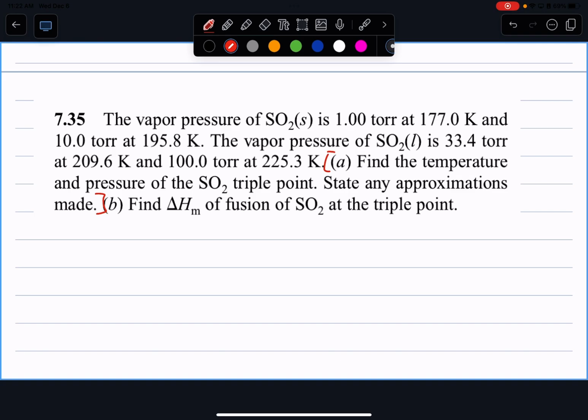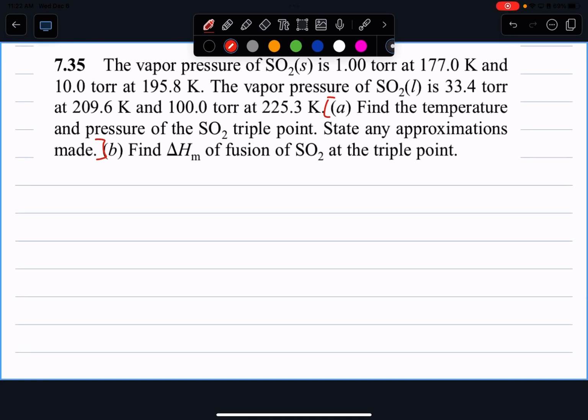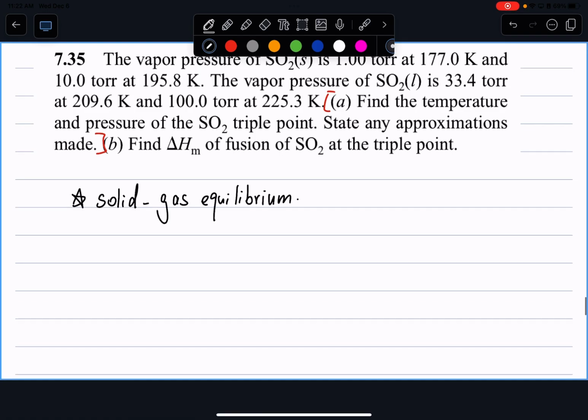Now, how do we actually solve it? If we look at the solid-gas equilibrium, we have the logarithm of P2 over P1 approximately equals negative delta sublimation HM over R times 1 over T2 minus 1 over T1.